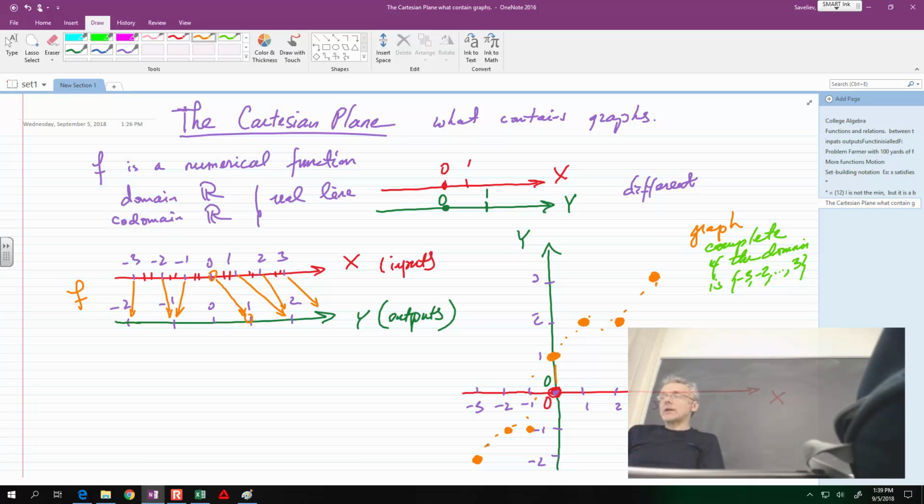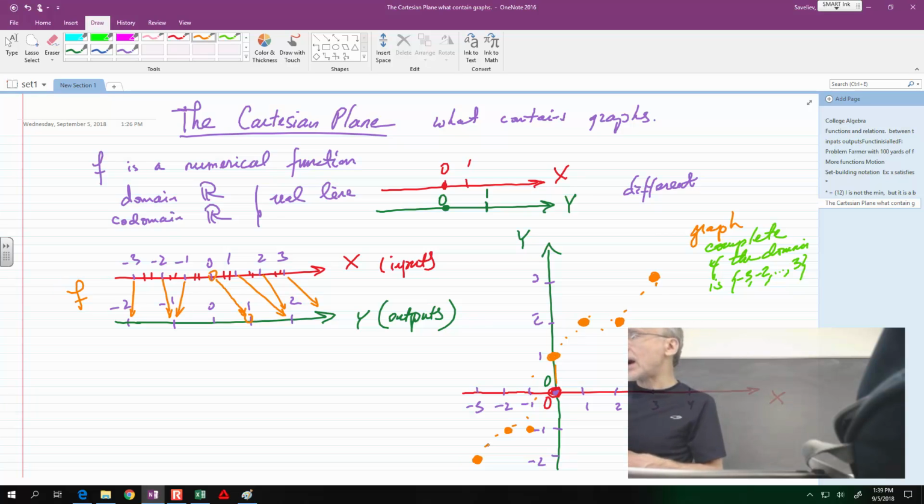So that's how we create it. We automatically created the Cartesian plane and the graphical function at the same time. So that's why we care. We care about it because we want to plot graphs.